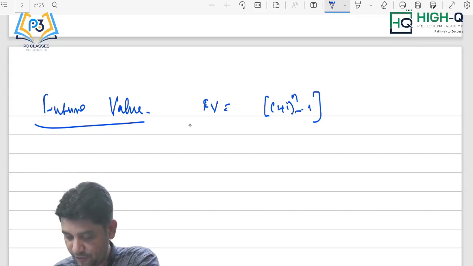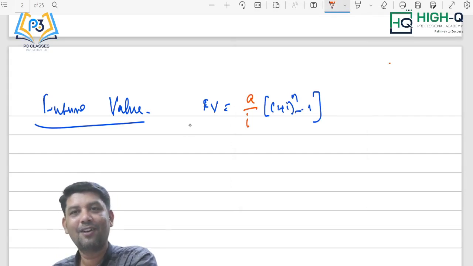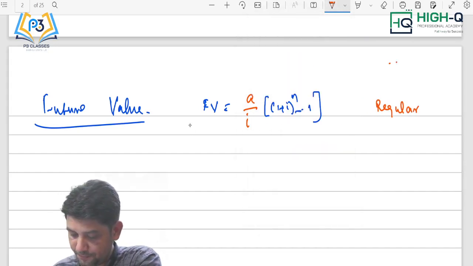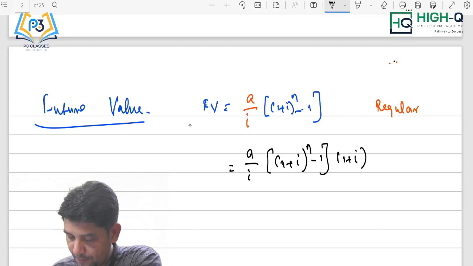When you multiply the effective rate of interest by A by I, you get the future value for regular annuity. In case of immediate annuity, it is A by I, (1 plus I) the whole power n minus 1, into 1 plus I.